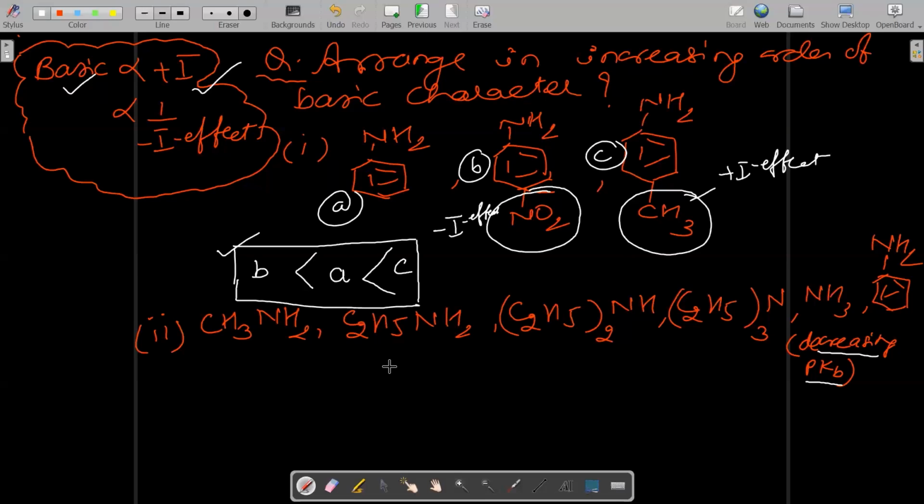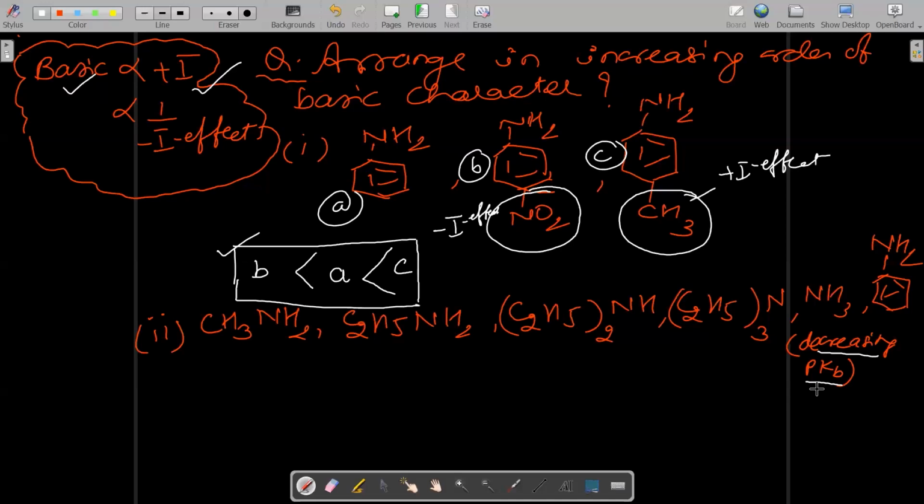Now a question is asked: ma'am, in which phase is this, aqueous phase or gas phase? It is not gas phase. It is obviously the aqueous phase, because the word pKb itself indicates the aqueous phase.